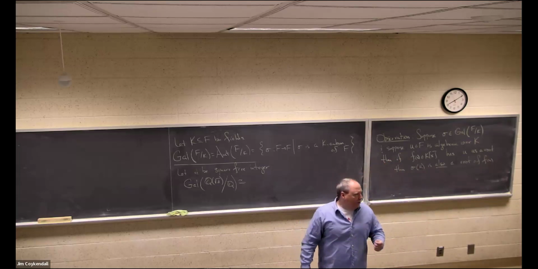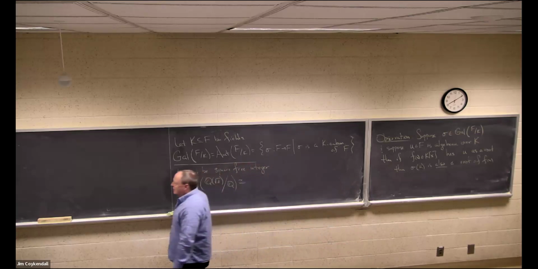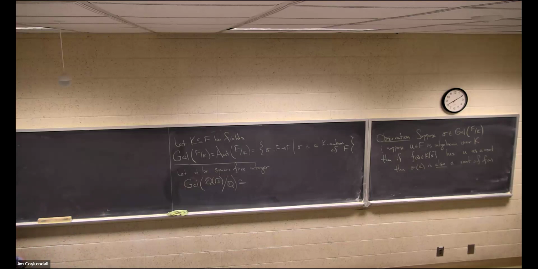So if you have any root of a polynomial, say u in F, then its image under sigma also has to be a root, and the proof of this is not too bad.